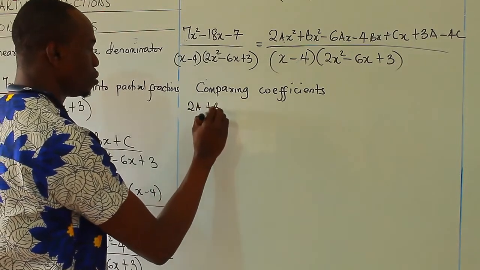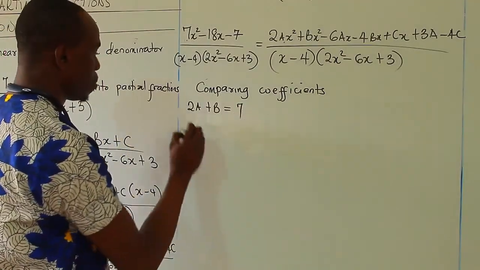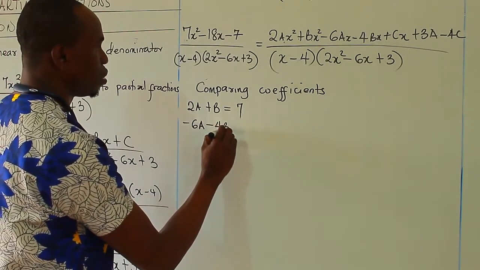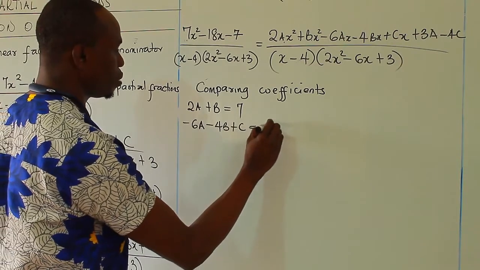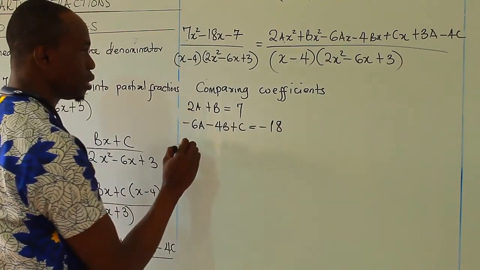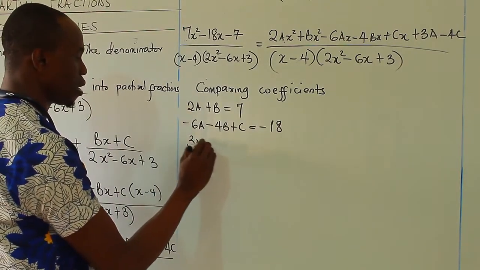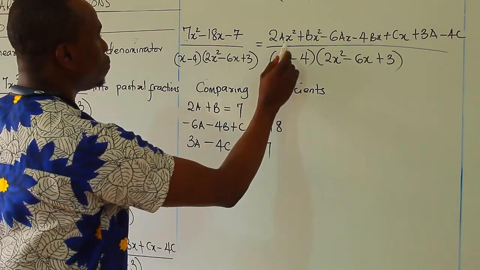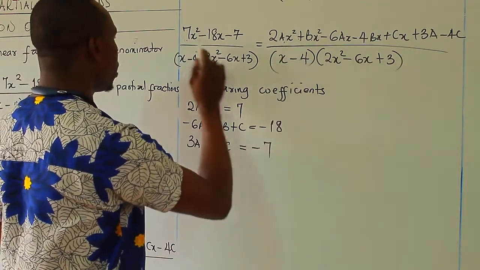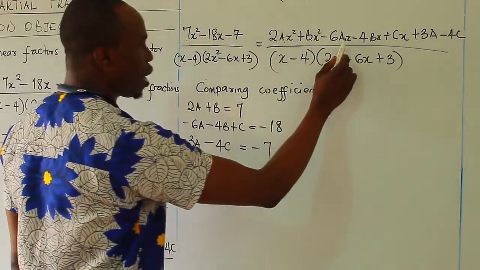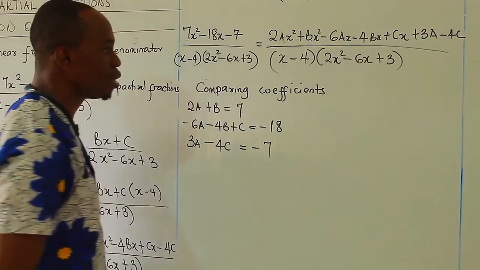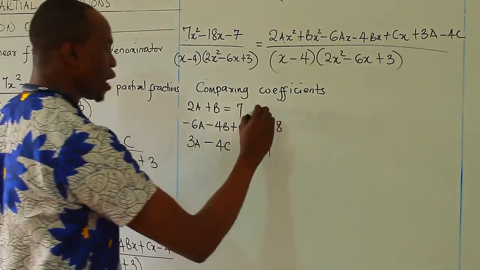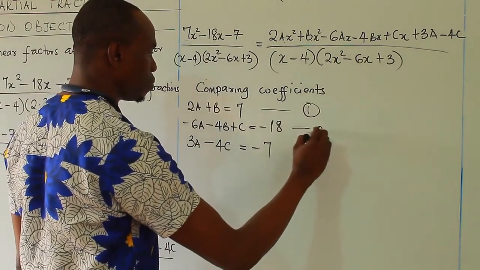Now we compare: minus 6a minus 4b plus c to be equal to minus 18 and 3a minus 4c to be equal to minus 7. We compared values that have x squared in them to 7 and values that have x in them to minus 18 and values that were independent of x to be minus 7. So we have three equations here now.